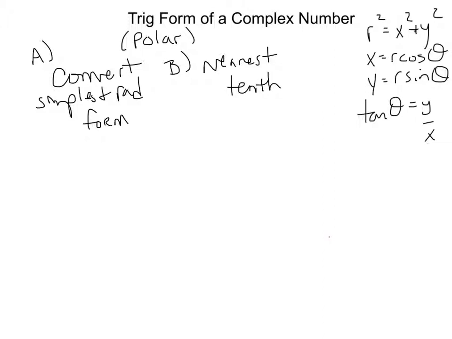So let's get a problem here. Let's pick, this is a good one, 3 cosine 30 degrees minus i sine 30 degrees.